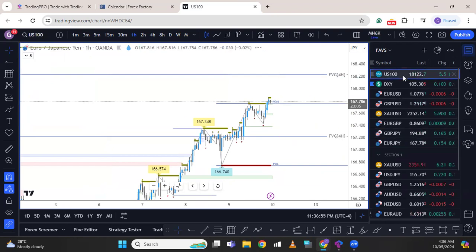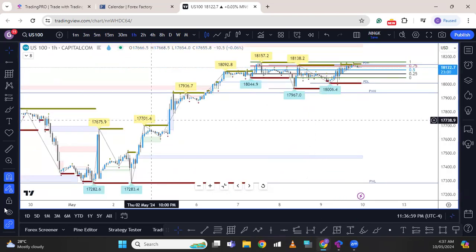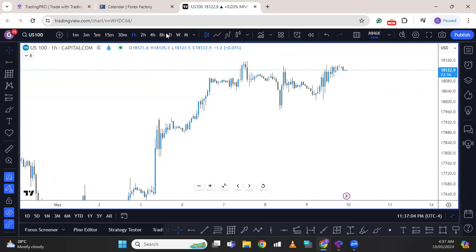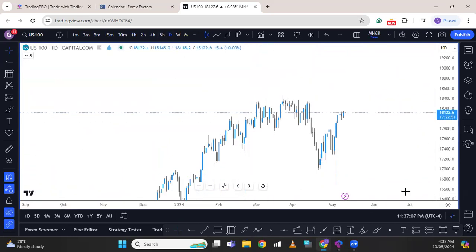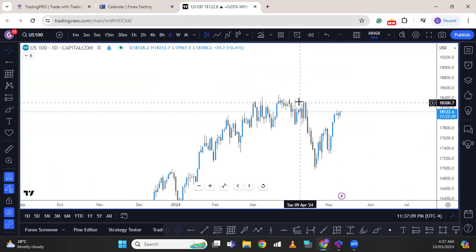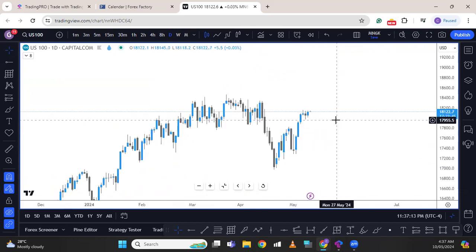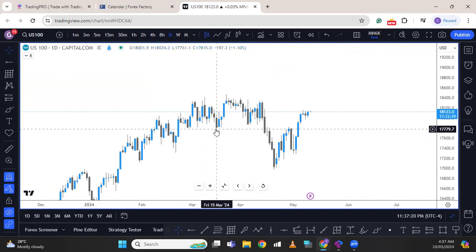So we're going to start off with the US 100. Looking at the US 100, we're going to start off from the daily perspective. On the daily, this looks like an impulse and a deep retracement into this area that was used to break this low.